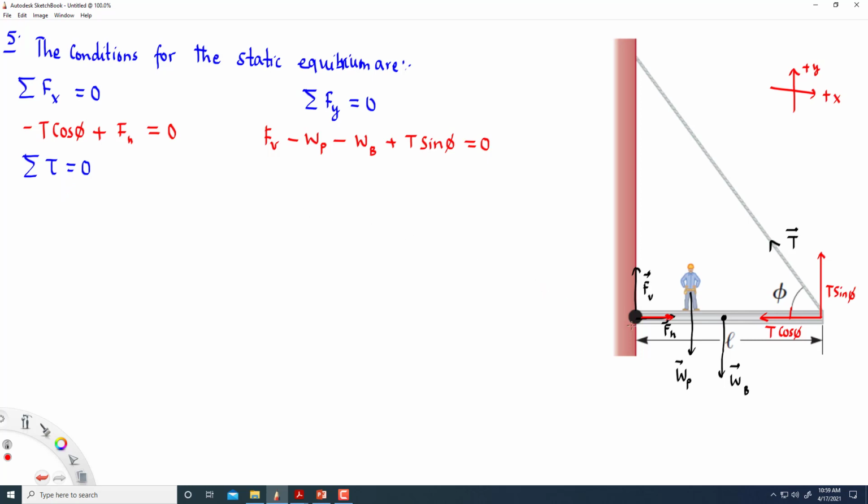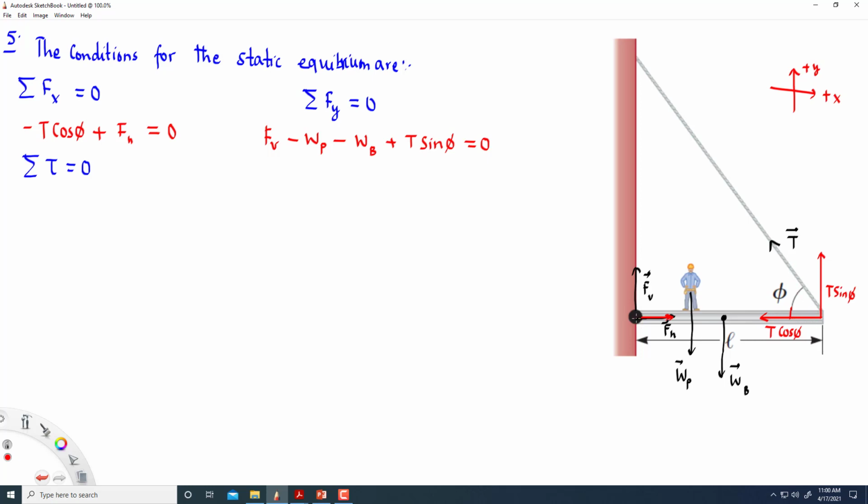Now to find the torque, we need to first define a pivot, and again, like last time we discussed about how to determine a pivot. To determine the pivot, we look at the unknown variables. Okay, we will choose the point as a pivot where there are one or more unknown variables. This point, we could choose this point as a pivot, but there is only one unknown variable here.